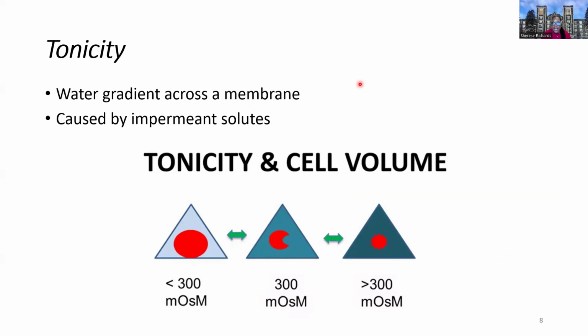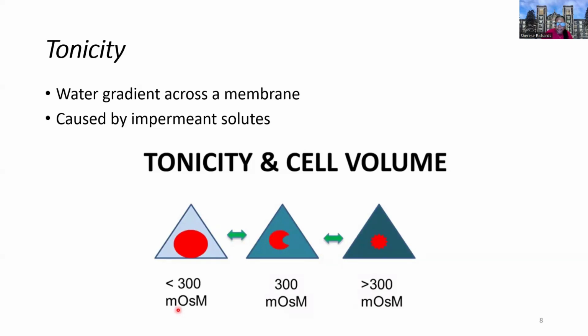So osmolarity takes into account all of the solutes dissolved. Tonicity takes into account only the solutes that cannot move across the membrane. All right. And in the example here, we can think about a hypotonic solution, which is where the tonicity is lower, so water enters the cell.